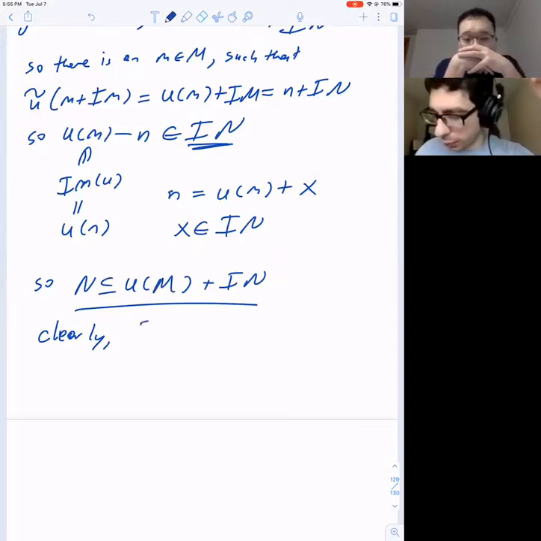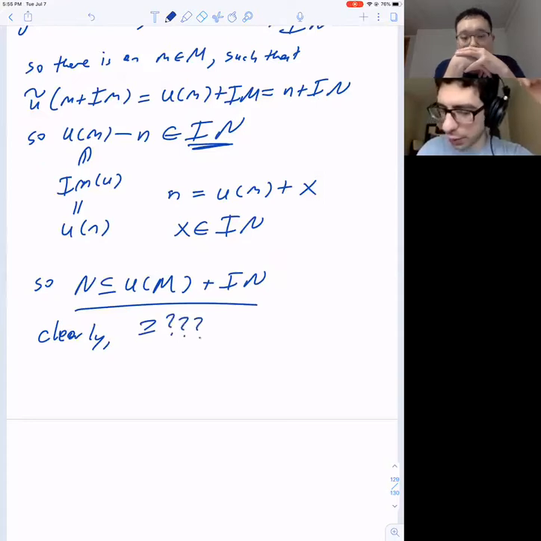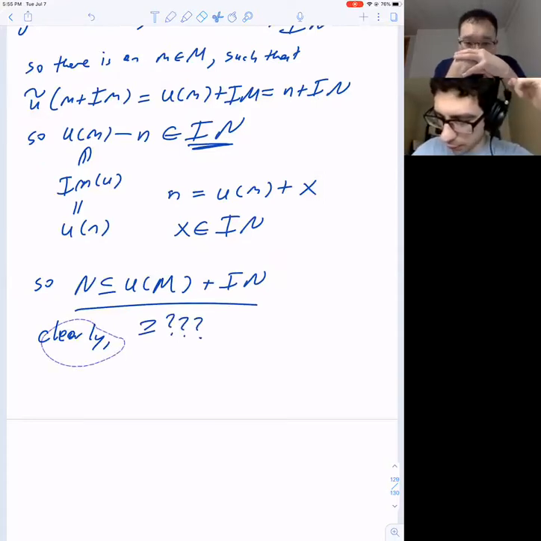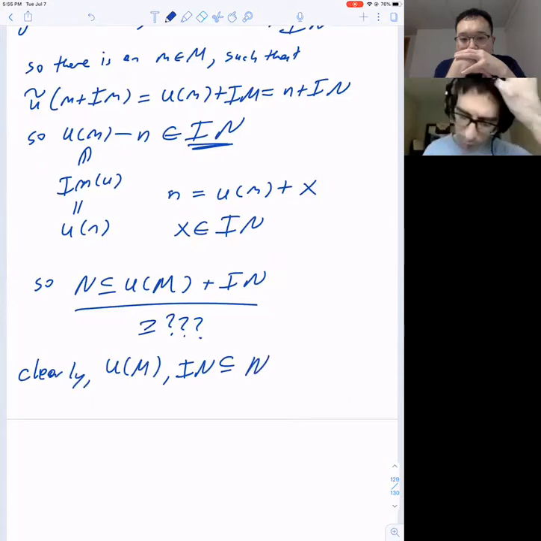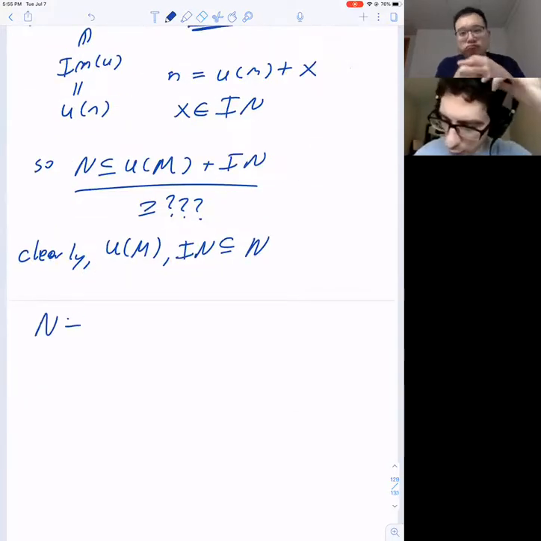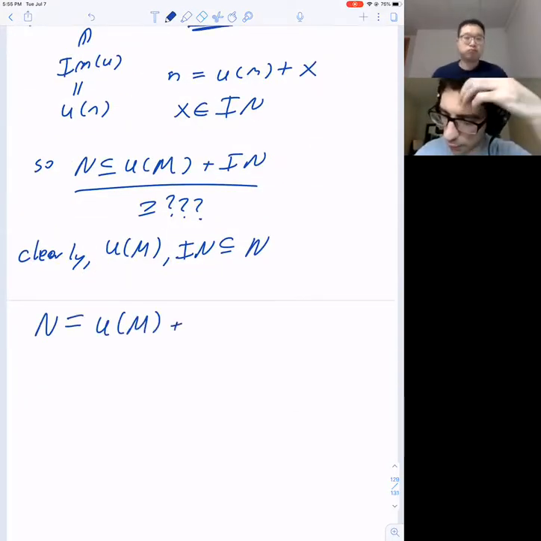And so how do you prove this, the other side? So clearly, U of M and IN are submodules of N. And so we have an equality. So actually, N equals U of M plus IN.